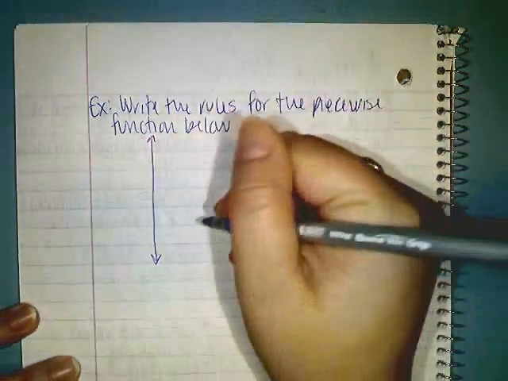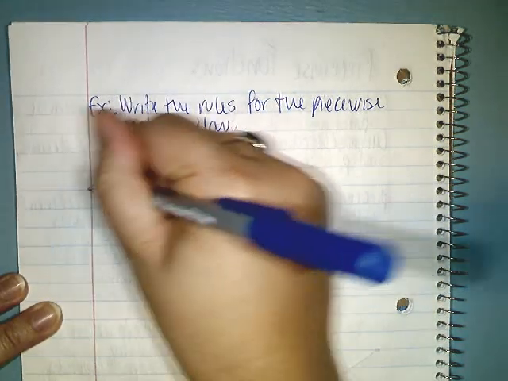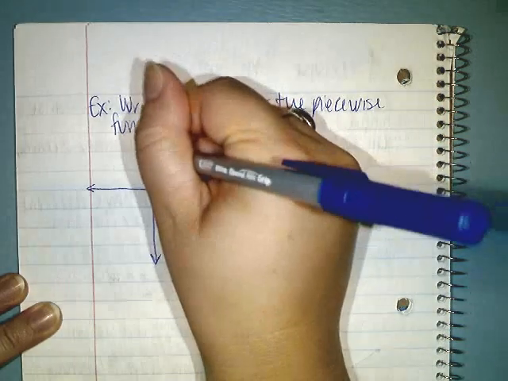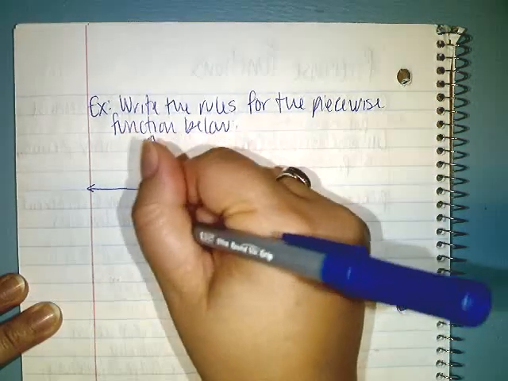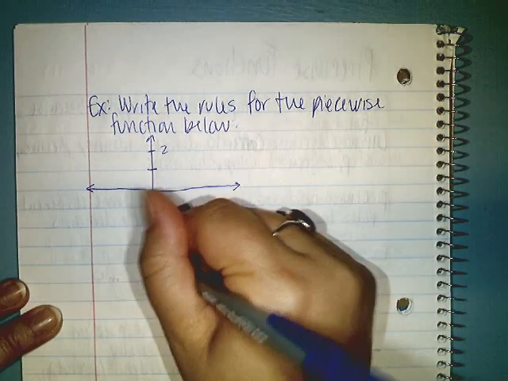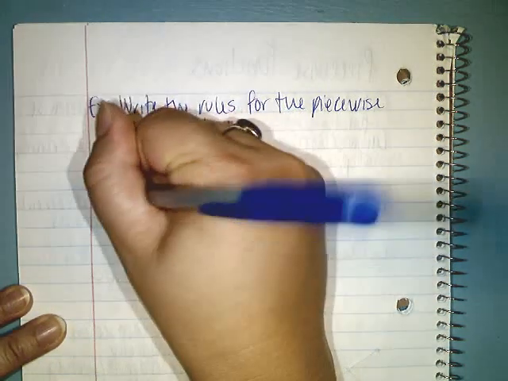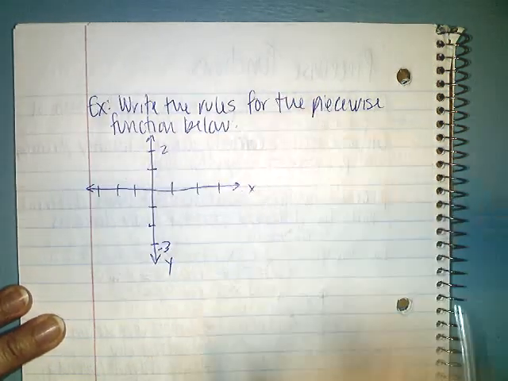But we're going to draw this line here, and then that line. So I'm going to go 1, 2, and then 1, 2, 3. That's -3. That's my y-axis, my x-axis, and then I'm going to go 1, 2, 3, 1, 2, 3.